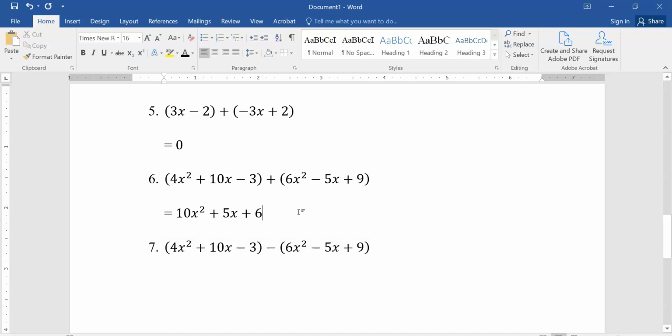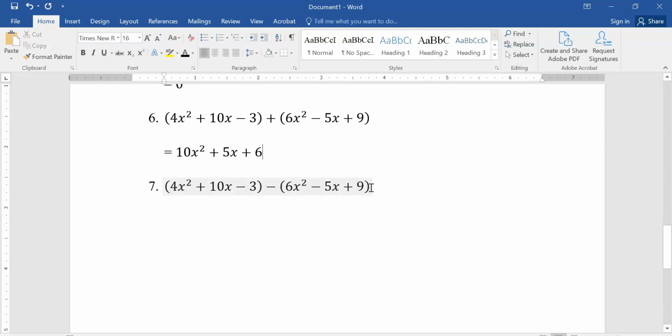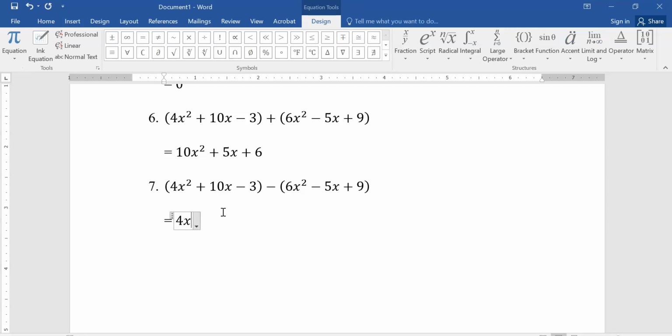Now notice that on 7, you're using the same polynomials, but now you're subtracting. Now, like I said, I like to do it this way. I like to go equals and then rewrite this expression, 4x squared plus 10x minus 3.